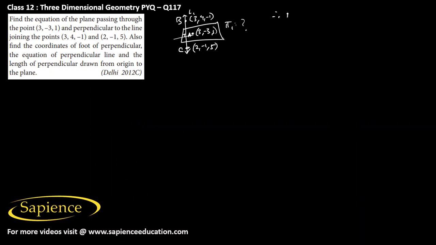So therefore the normal vector to the plane, N1, is along the vector BC.